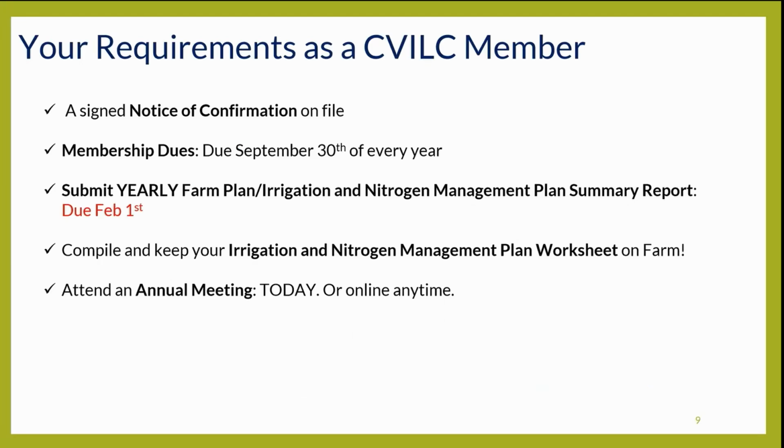All right, so what else as a member do you need to do? Well, you need to do a notice of confirmation. This was early on when the coalition became the third party under this new order. It was basically anyone that was under the old waiver, a notice of confirmation that, yes, you are in this new order, you are with the third party. They are the ones that are reporting for you.